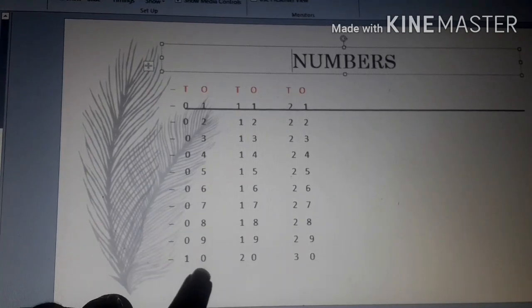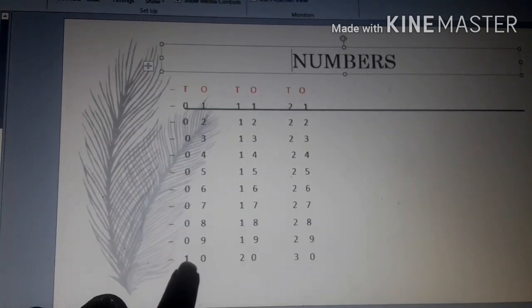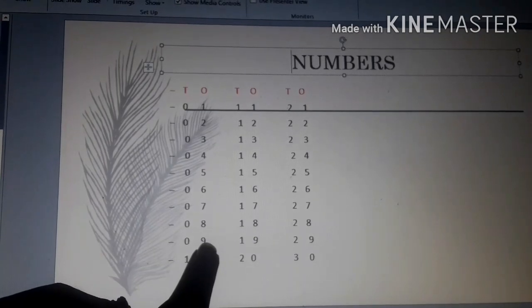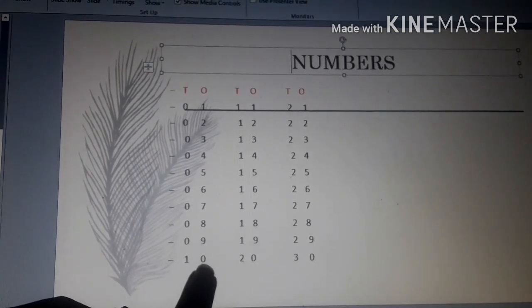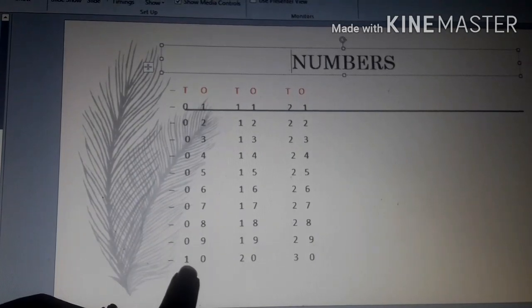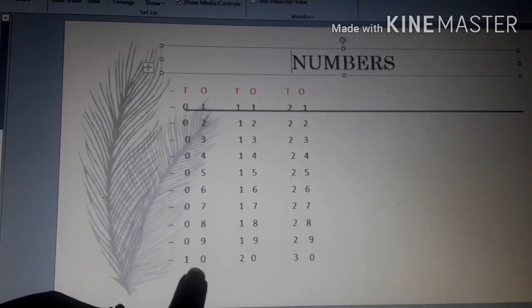So this is what? This is a 2 digit number. Why? Because in the tens place, what number is there, children? 1. Understood? After 9, what do we write? 0. And after 0, what comes? 1. Is it clear? So from 10, 2 digit numbers start.